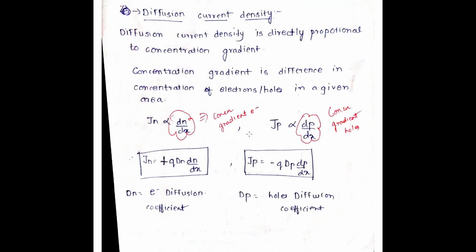The current density of a p-type semiconductor is directly proportional to the change in concentration of holes. That is very important. And you have Jn given as q into dn by dx, if I have to take it proportionally, and Jp is given as minus q into dp by dx.